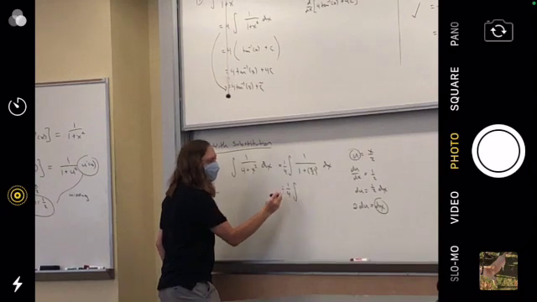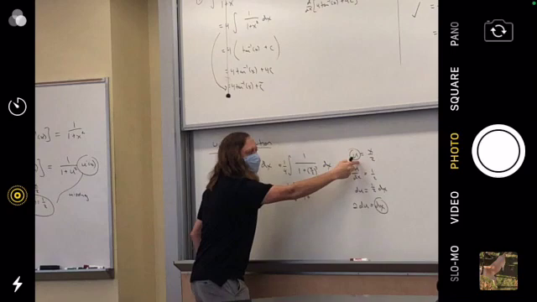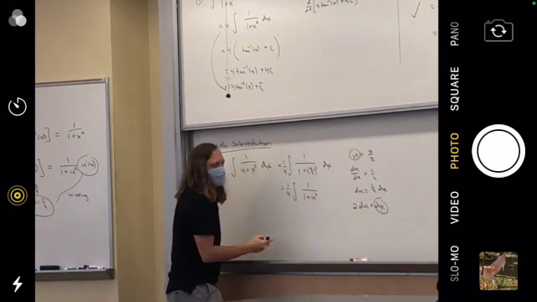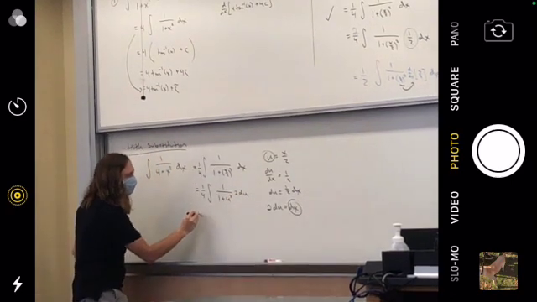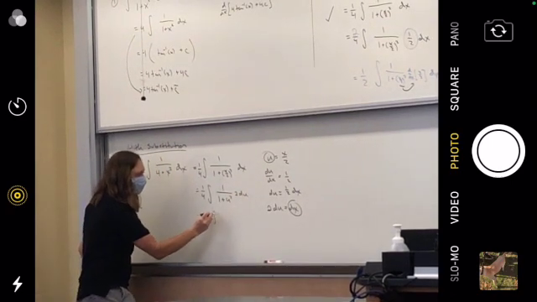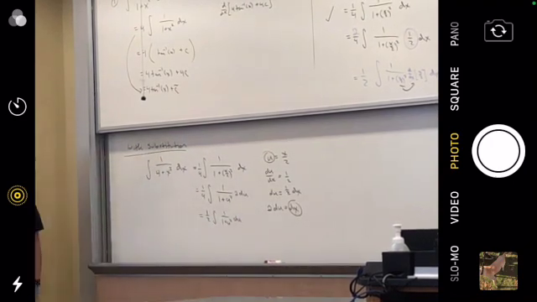Why would that matter? If I go over here, instead of writing x over 2, I write the letter u. And now instead of writing dx, I write 2 times du. Alright. So then what is the antiderivative here?